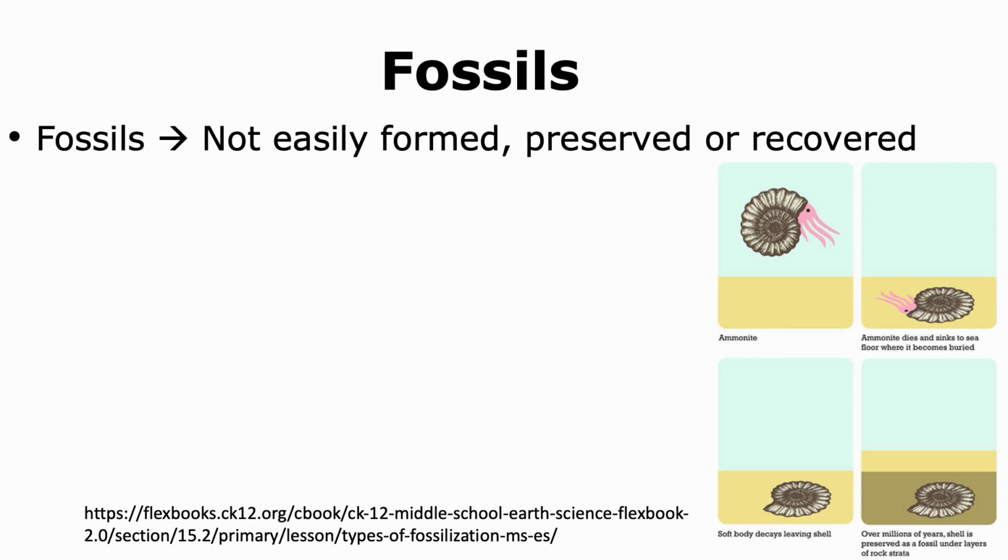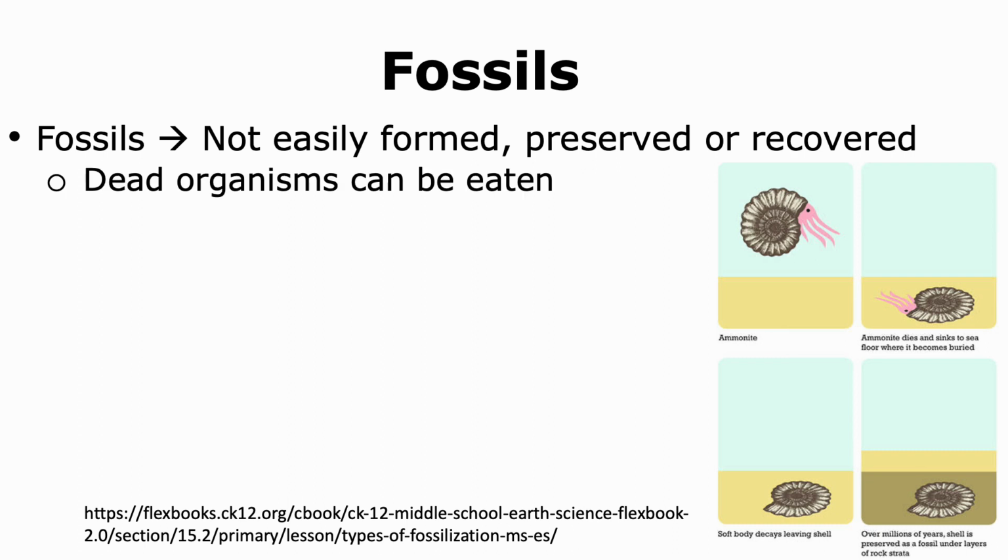There can be many events that interfere with these processes. For example, we could have a situation where the dead organism gets eaten by another organism, and hence its remains are not even present in the environment. We also have the situation where the soft body parts decay, and hence if the entire organism has a soft body structure, it's not going to get fossilized.